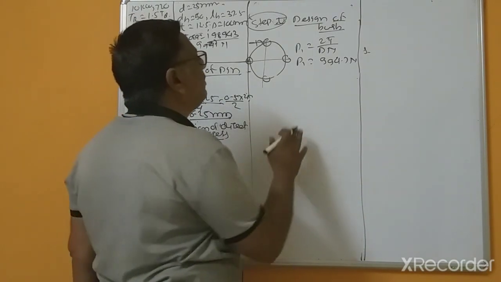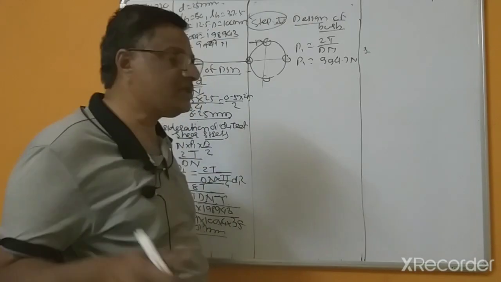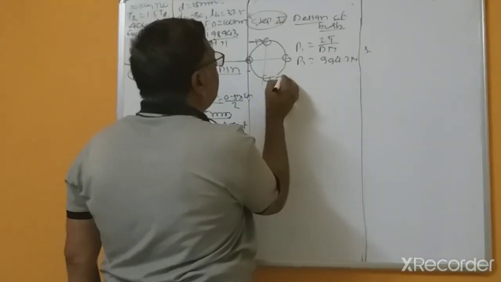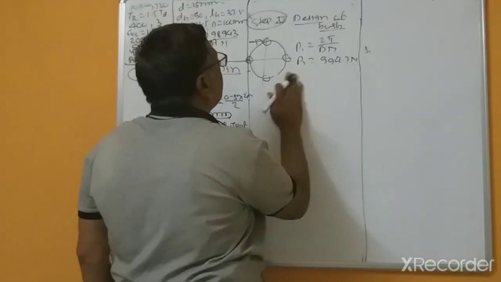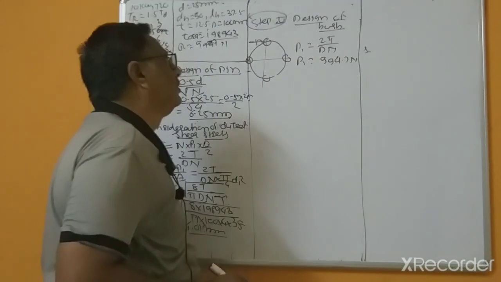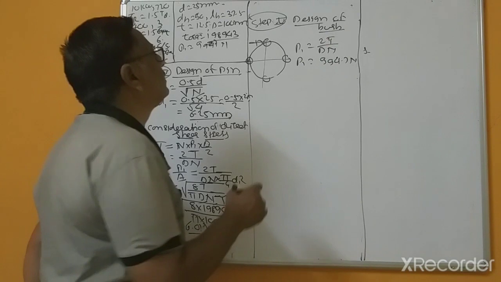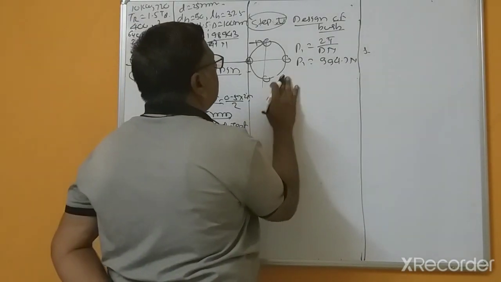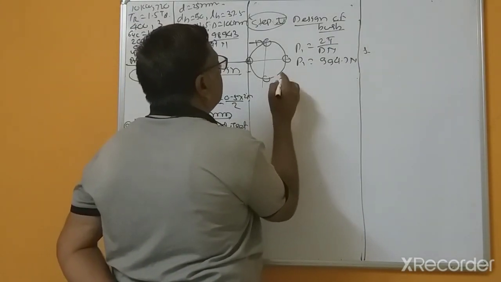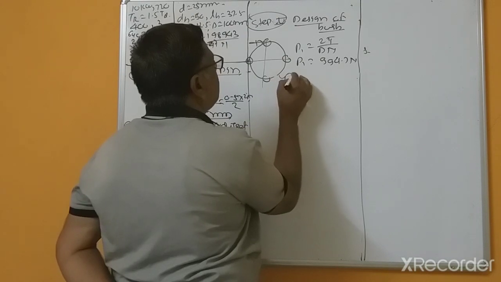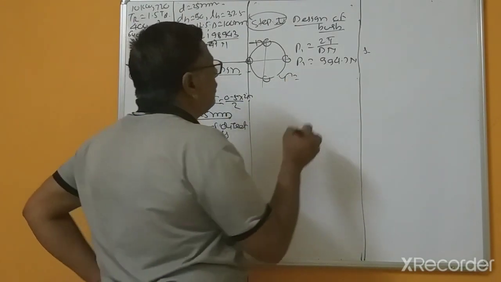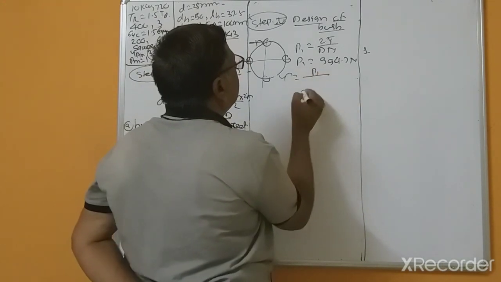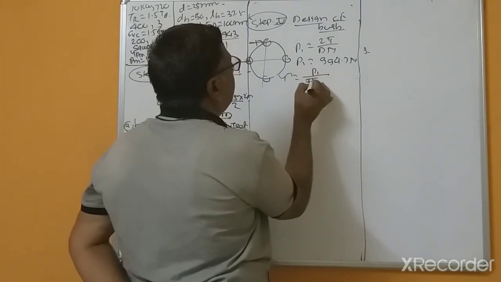So what is the formula for the calculations of the bush? Torque equal to, or otherwise I will repeat this, force acting P1, or this direct shear stress equal to P1 divided by pi by 4.